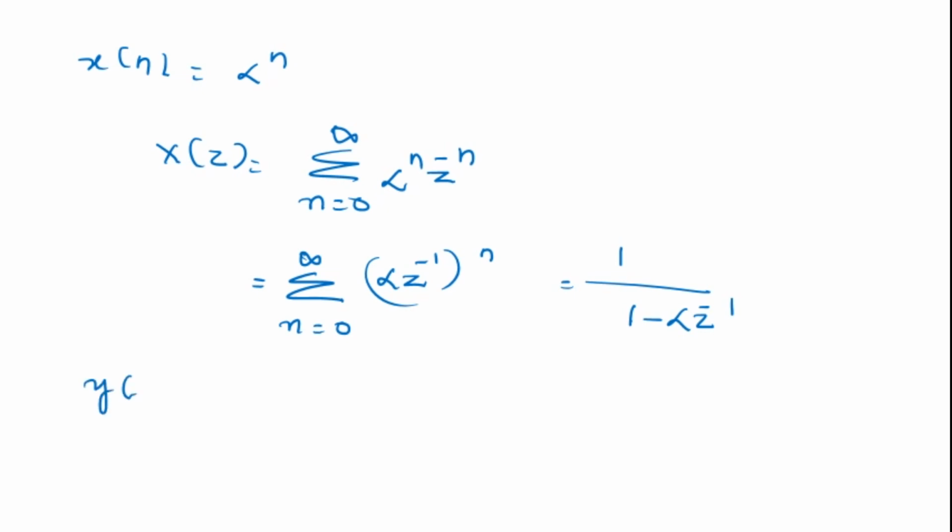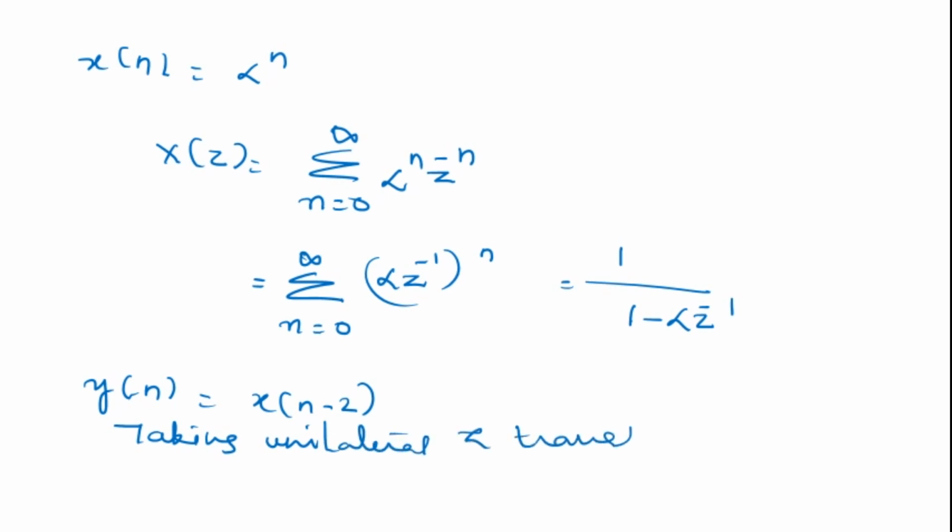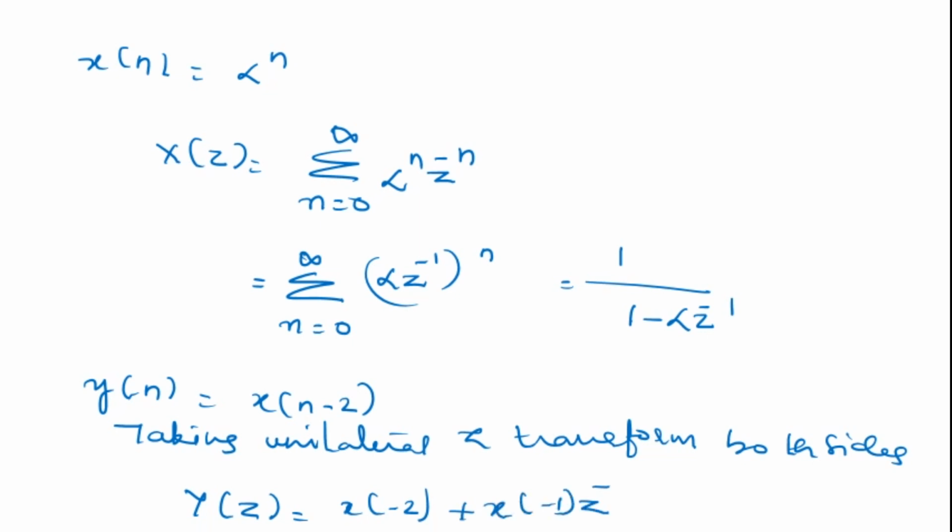And it is given y of n is equal to x of n minus 2, and taking unilateral Z transform on both sides, we get y of z is equal to x of minus 2 plus x of minus 1 into z inverse plus z to the power minus 2 into x of z.